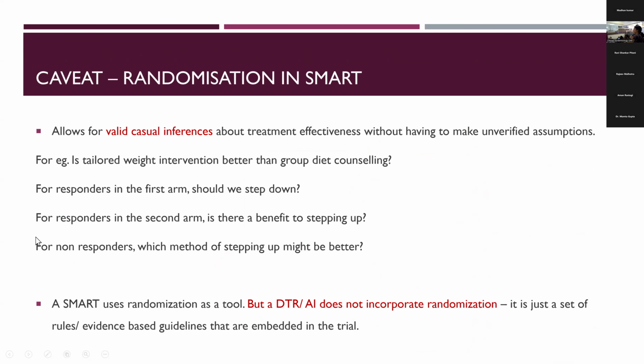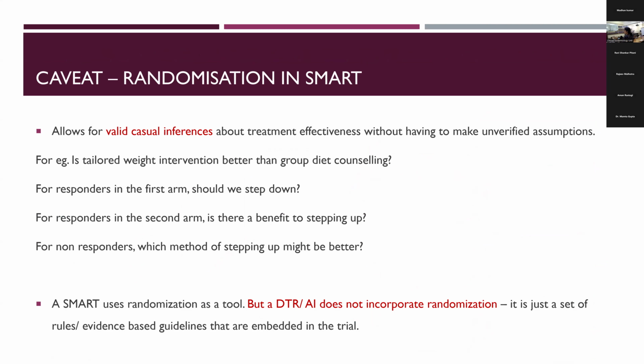Now, one caveat is that randomization is necessary for a SMART, but randomization is not the same principle that we think a randomized trial is for. A SMART uses randomization as a tool, but an adaptive intervention per se does not require randomization.